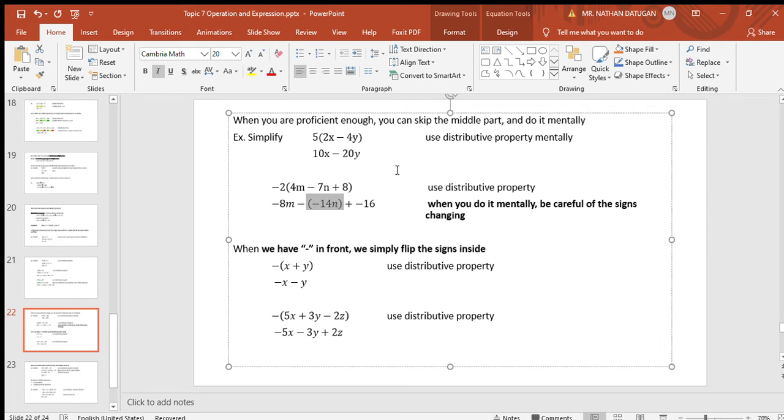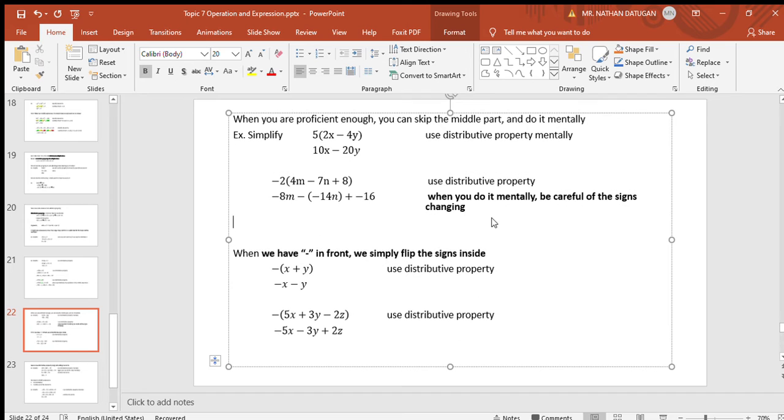Now let's move on to the last term. Negative 2 times 8 is negative 16. So our new expression is negative 8m minus negative 14n plus negative 16.